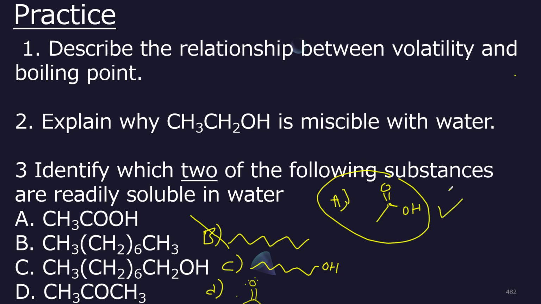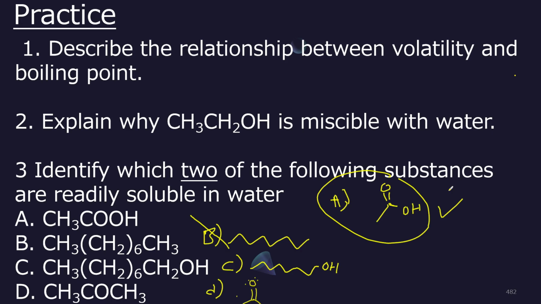So what about C versus D? C has a location for hydrogen bonding, but it also has 1, 2, 3, 4, 5, 6, 7, 8 carbons in a hydrophobic tail. So you kind of have to ask the question, how long can that tail become until the London forces become more significant than the hydrogen bonding?